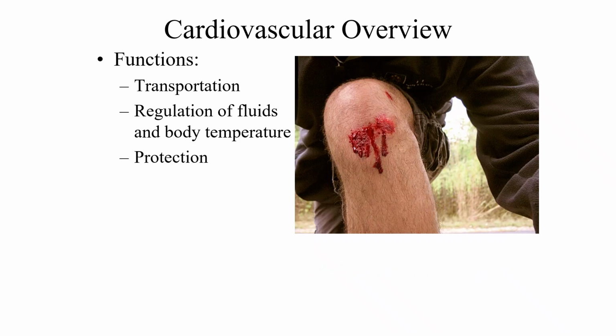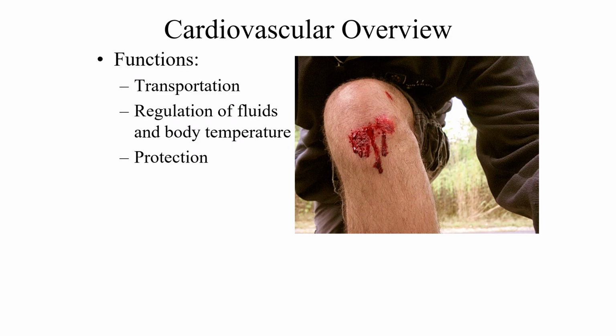It also plays a role with protection. There are cells that can come together and plug breaches, abrasions, and cuts that may occur to the skin in a process called blood clotting or hemostasis. We also have the immune function, where we have specialized cells that can fight against pathogens and invaders.